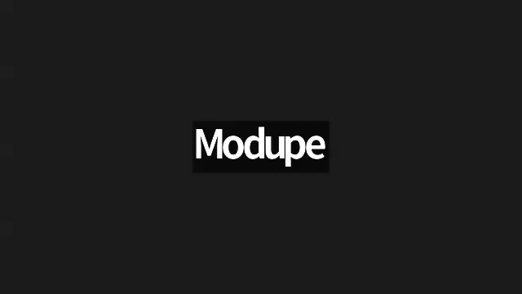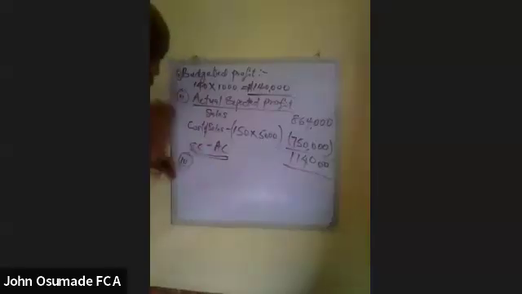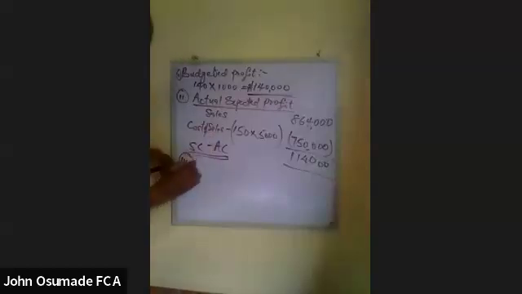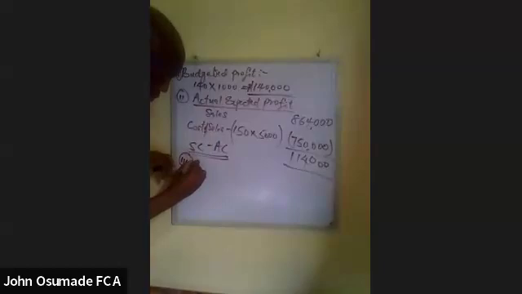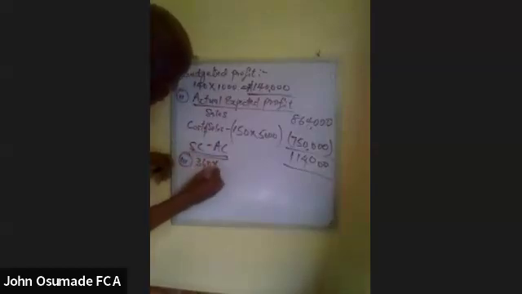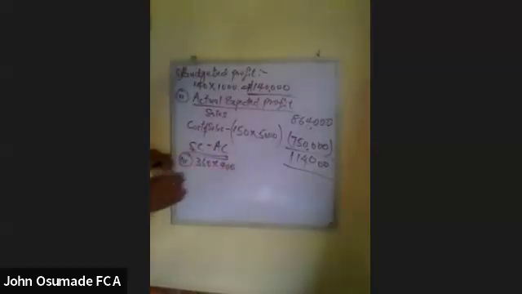It's like 2 tons at 400 naira each, which is 800. So the direct material for one is 400 naira. That is what we budgeted. So the standard cost will be 360, what we purchased, actual, times 400.